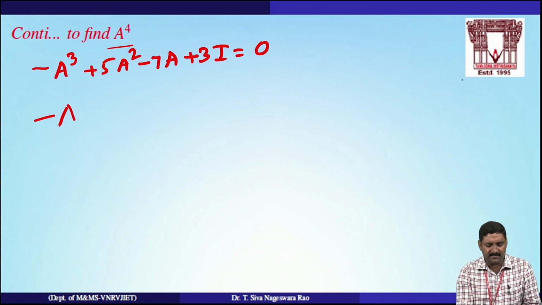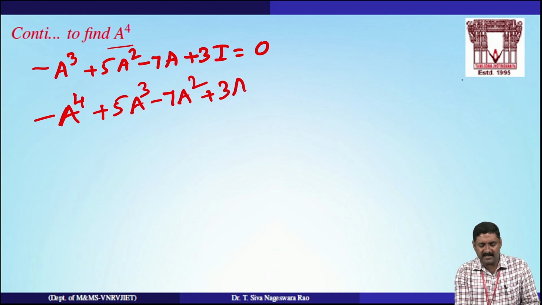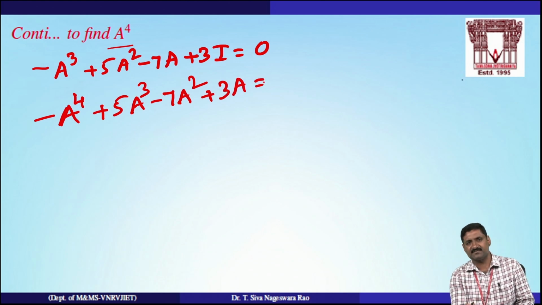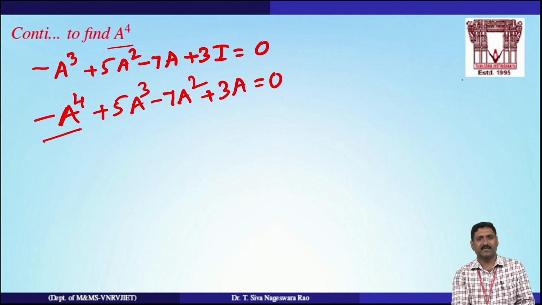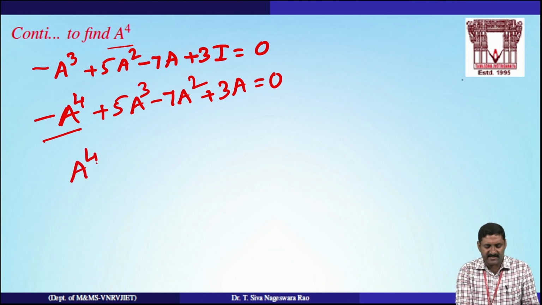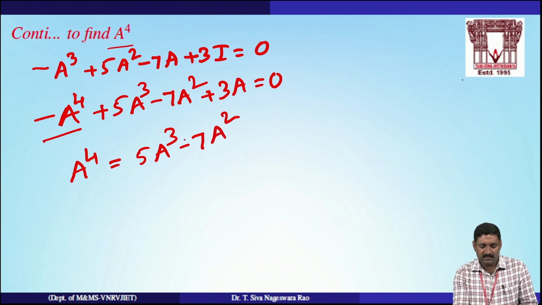Minus A power 4 plus 5 into A cube minus 7 into A square plus 3A. On the other side, 0 matrix multiplied by capital A, you will get 0 matrix. So I will make minus A power 4 the subject. Therefore, I will write A power 4 as 5A cube minus 7A square plus 3A.